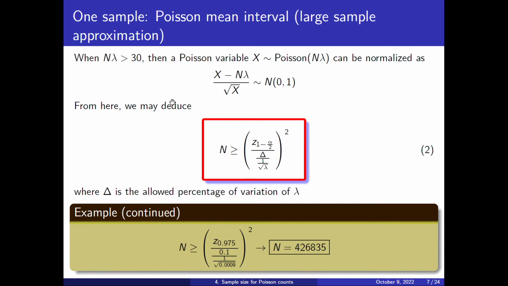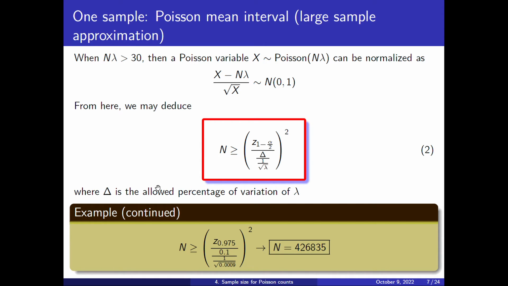and then we can use all the Gaussian machinery to compute confidence intervals and to compute sample sizes, and we recognize the traditional formula, so a term that depends on the confidence level of the confidence interval, and then the normalized effect size.